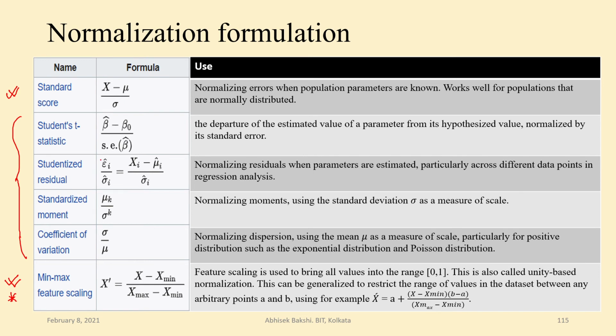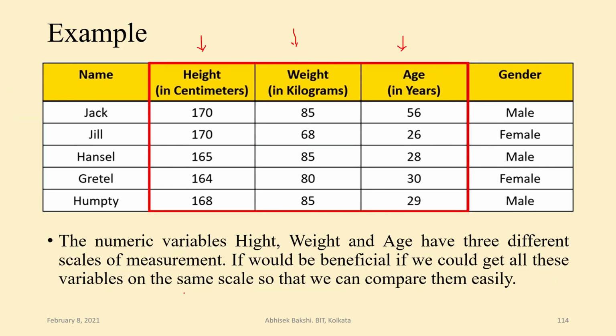Now, in min-max feature scaling, this x represents the actual value and x min is the minimum value represented in the data set. Similarly, x max represents the maximum value. Considering this particular one, I want to scale it between 0 and 1.